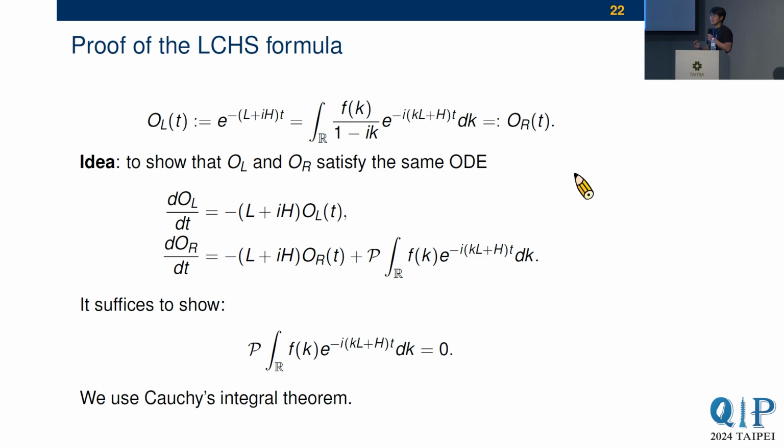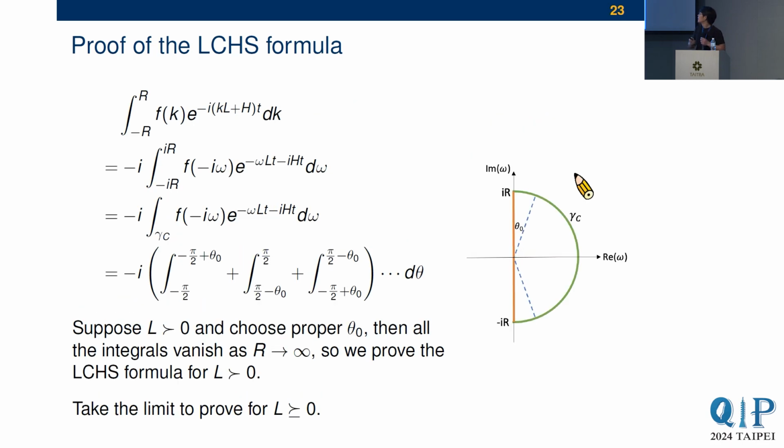So it's not applying the spectral mapping theorem, but rather using Cauchy's integral theorem to show that for a matrix-valued thing, that is just 0. I don't think I have time to talk about that, but it's very similar to the so-called Jordan's lemma that you learn in undergrad complex analysis.